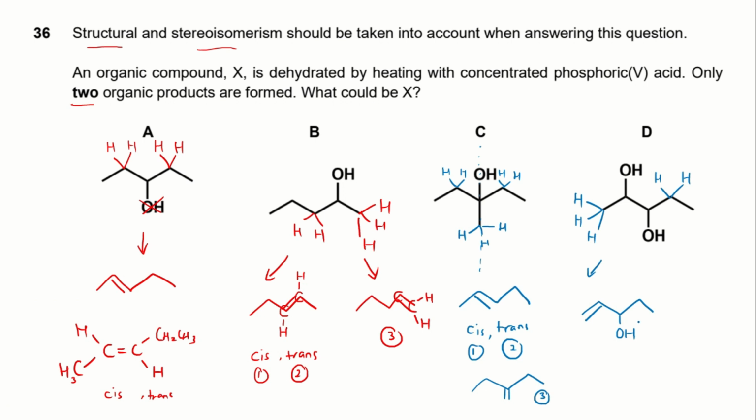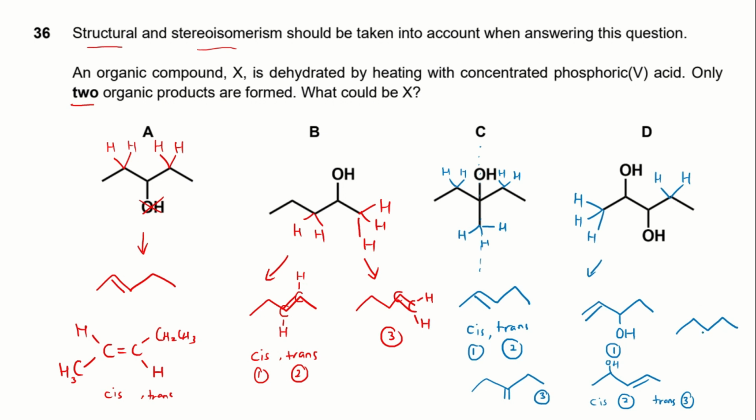Removing only one hydroxy functional group will give us the first product. Removing the second hydroxy group only will produce the second product. And the second product shows stereoisomerism. So the trans isomer will be the third product.